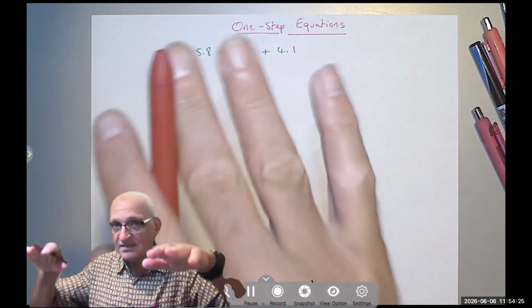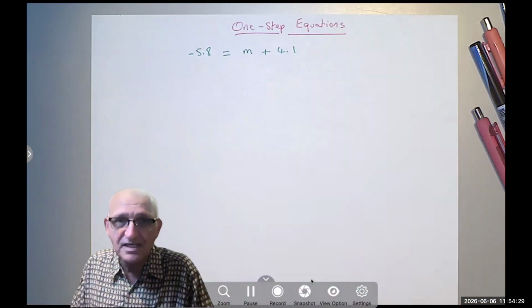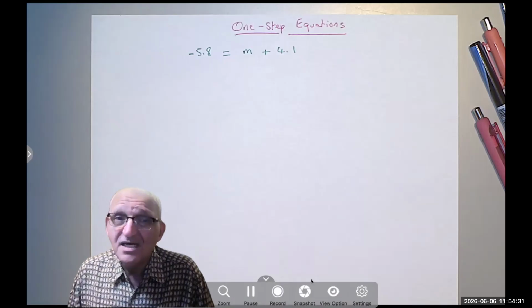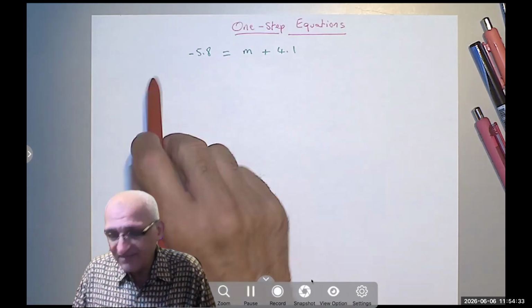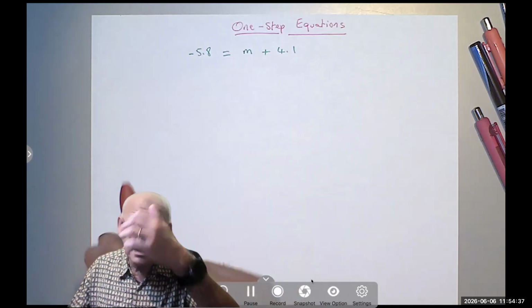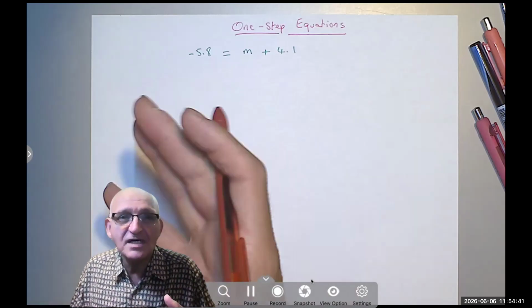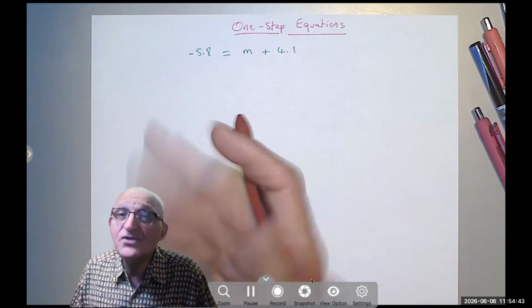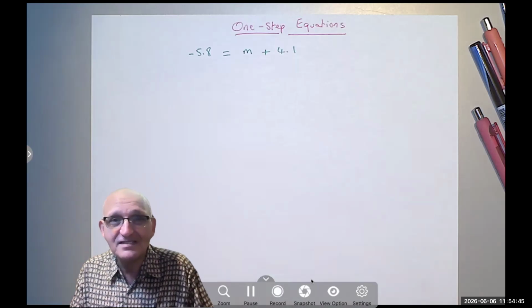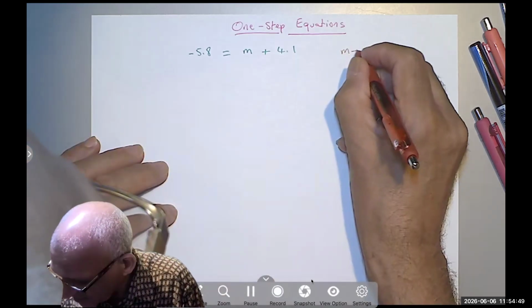Notice this is a balance. So if I subtract M from the left-hand side, I will subtract M from the right-hand side. And I do that, and I find I have a negative M, not an M on the left-hand side. I say, oh my God. And then I start working, I panic, I lose time. If you prefer to have the variable on the left-hand side, just rewrite the equation like that.